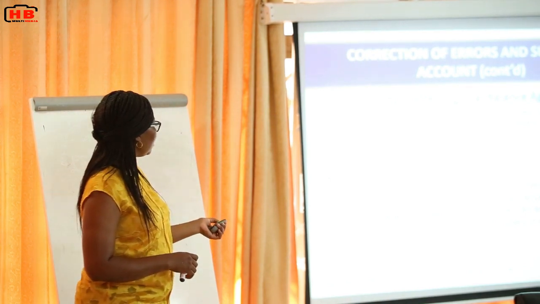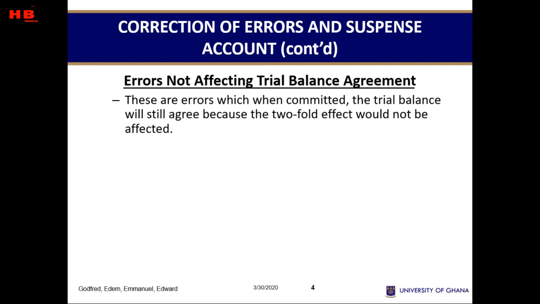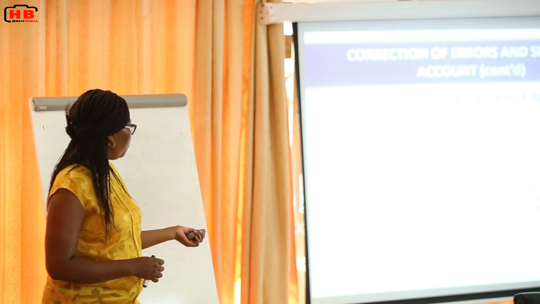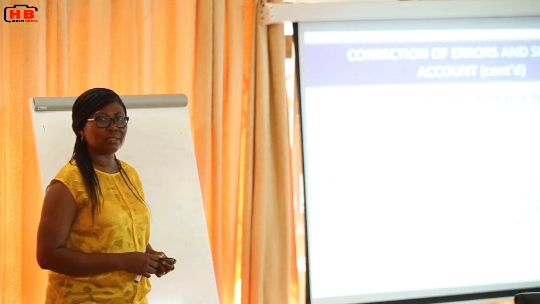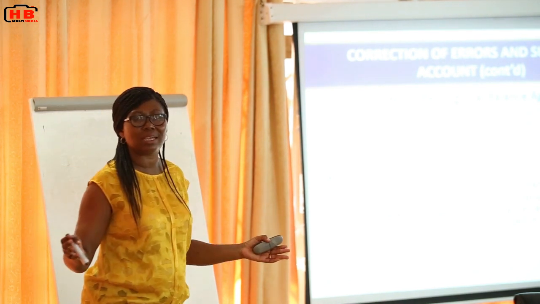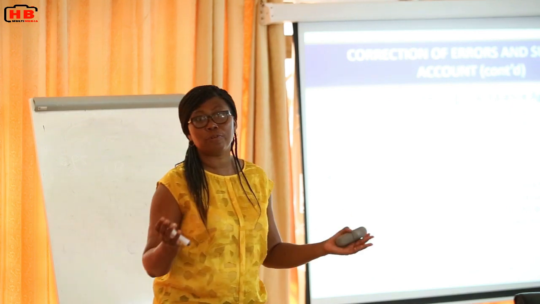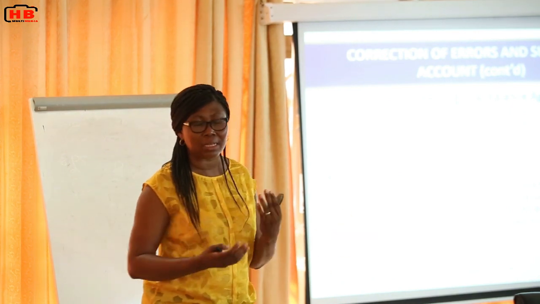And so these errors, when committed, the trial balance will still agree, because the twofold effect will not be experienced. We'll look at them one after the other. There are about 6 of them. Error of omission, and this is where you completely omit a transaction through no fault of anybody.